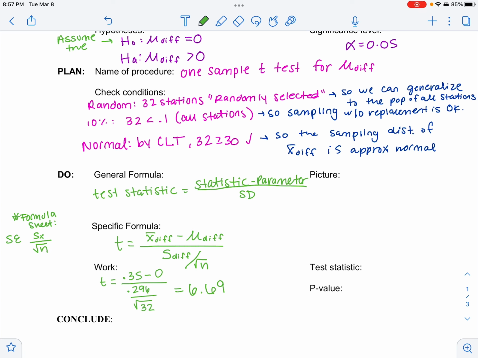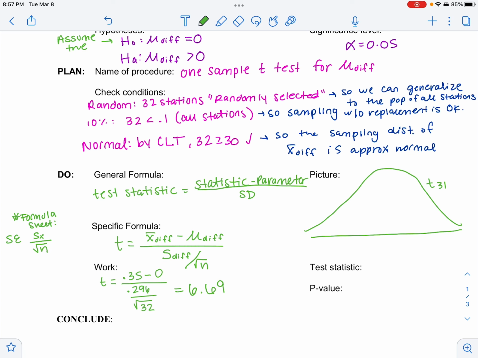All right, so I'm going to go over to my picture. I'm going to draw a picture here. And I'm going to label my curve as t and then the degrees of freedom. Well, if our sample size is 32, that would make our degrees of freedom 31. So t31.